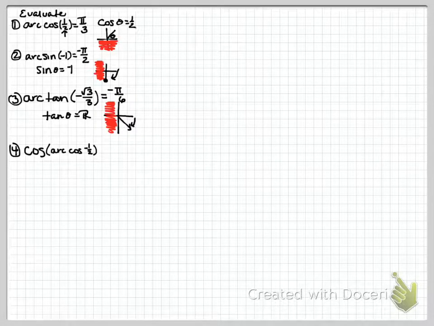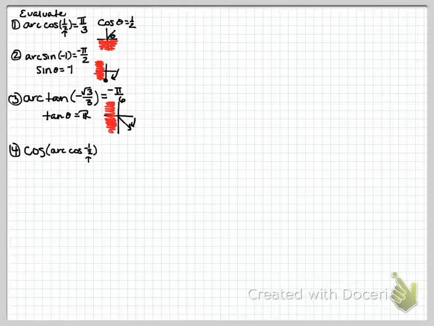So the first thing I have to determine is that negative 1/2. Can I have it? Is it a possibility for cosine to be a negative 1/2? Absolutely.